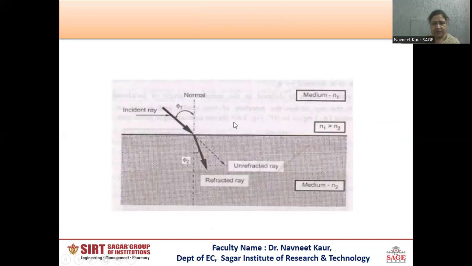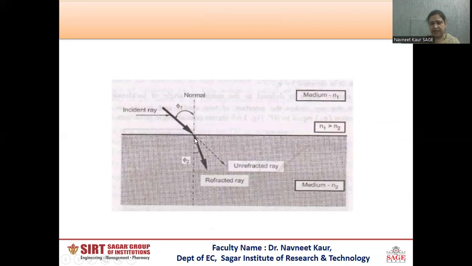These are the two mediums. One has refractive index N1 and another has refractive index N2. This is the incident ray, making an angle of incidence phi1 with the normal. This light ray is refracted into the second medium.